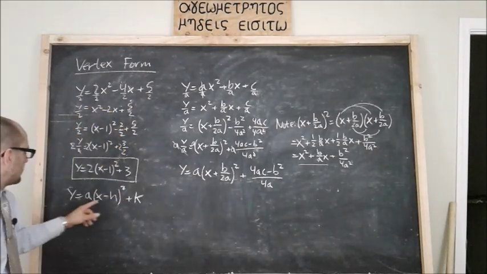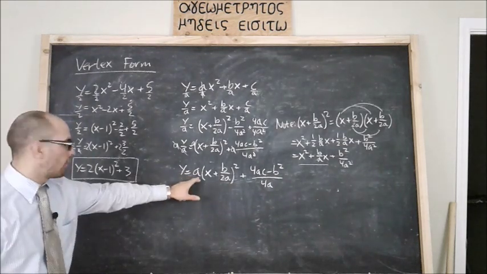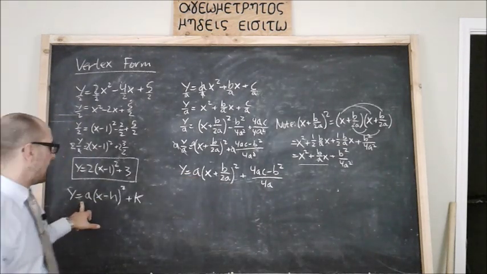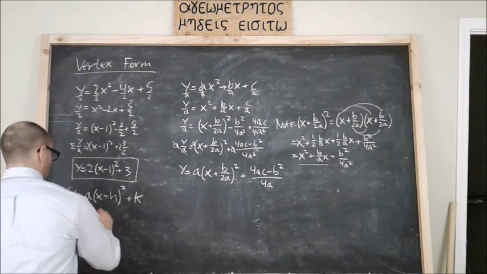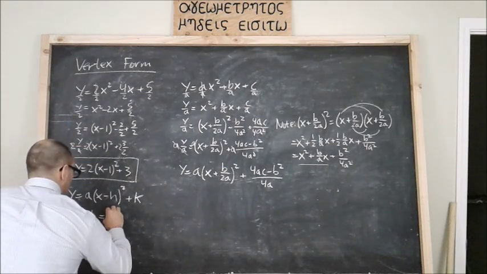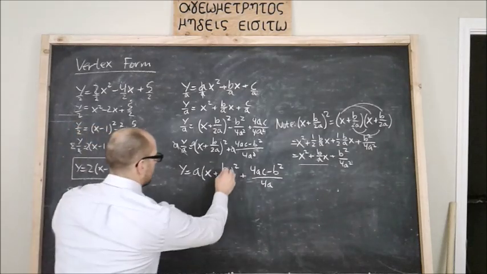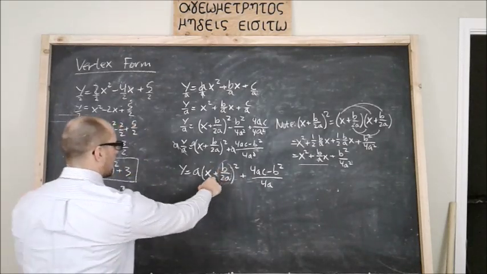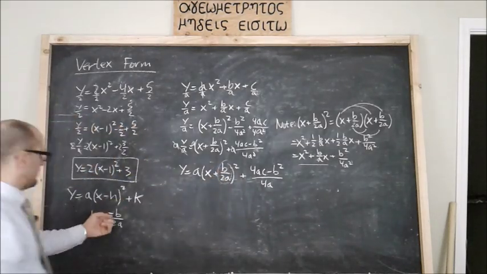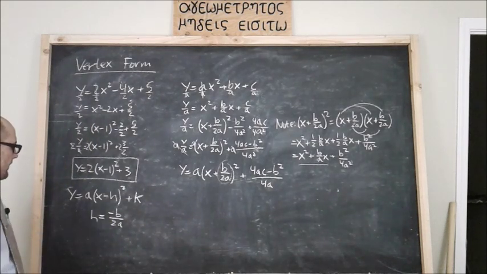To link it back to vertex form, a corresponds to a. H, all right, I'll write this below. H is negative b over 2a. That's this guy. But notice this is a plus, this is a minus. Negative b over 2a.